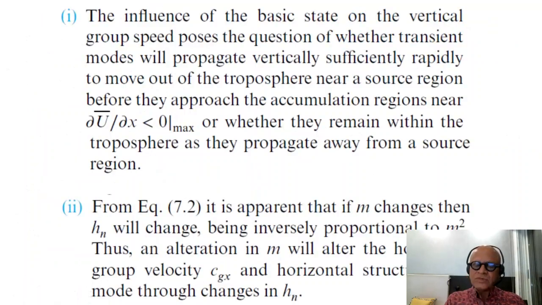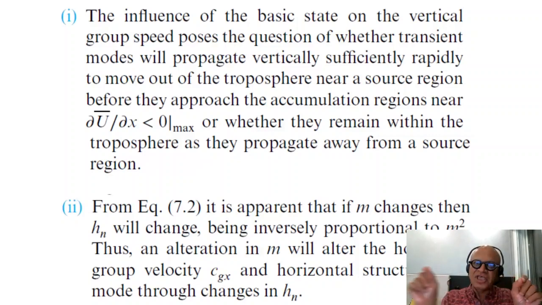Okay, so the influence of the basic state on the vertical group speed poses the question of whether transient modes will propagate vertically sufficiently rapidly to move out of the troposphere near the source region before they approach accumulation regions where du bar dx is less than 0.